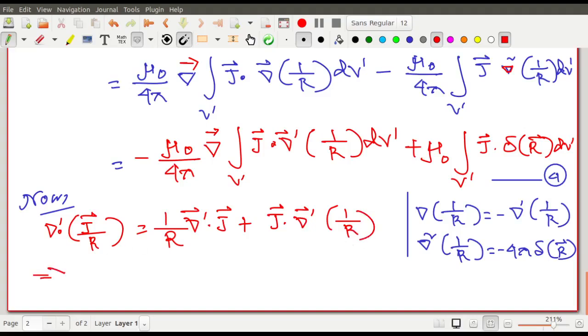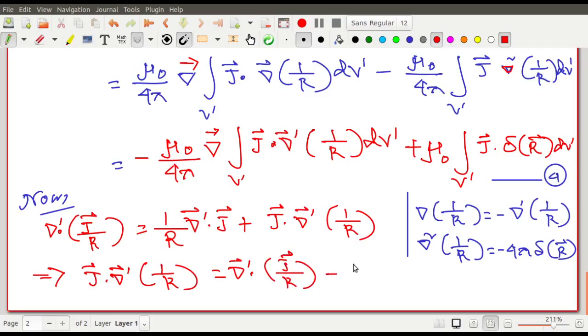So from here I can write that J dot gradient dashed 1 by r is divergence dashed of J by r minus 1 by r divergence dashed J. Okay, this is what you have.